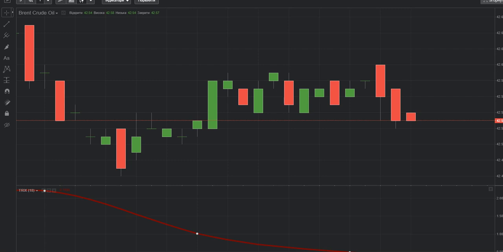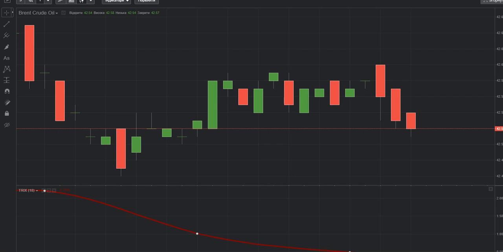Another potential problem with using the ROC indicator is that the calculation gives equal weight to the most recent price and the price formed a number of periods ago, despite the fact that some traders consider more recent price action to be more important, so they determine future price movements.